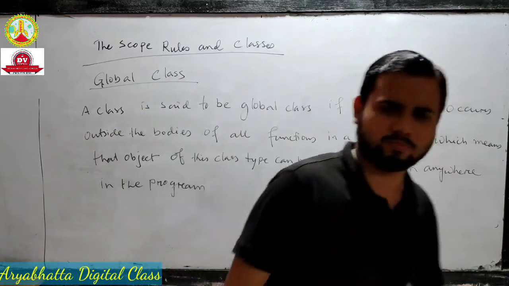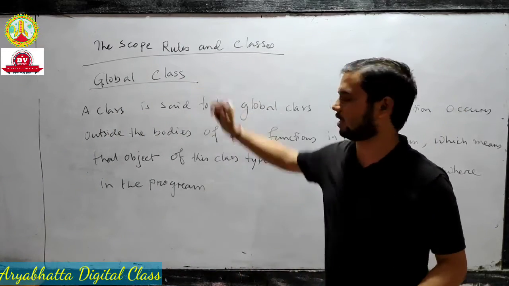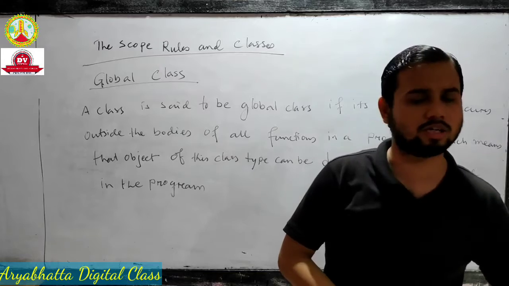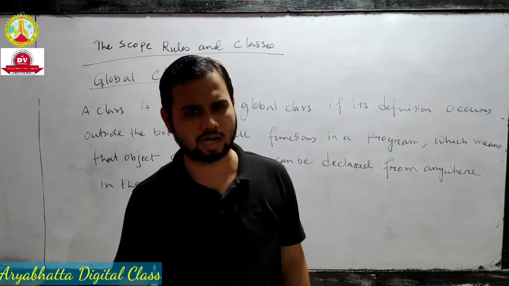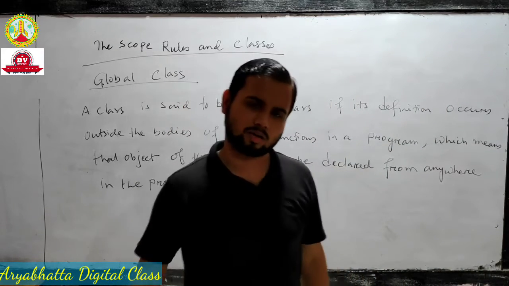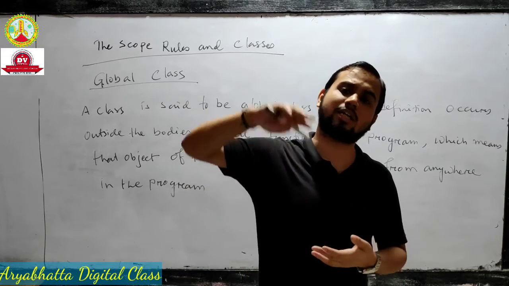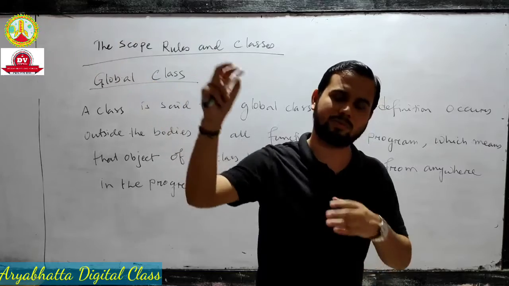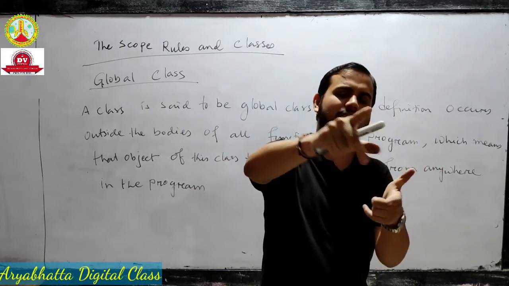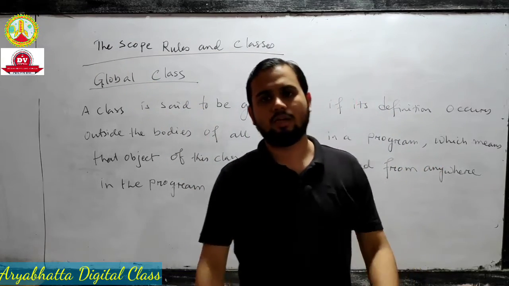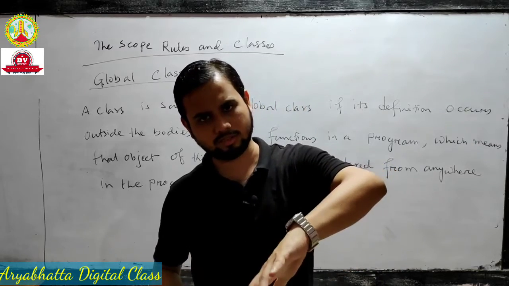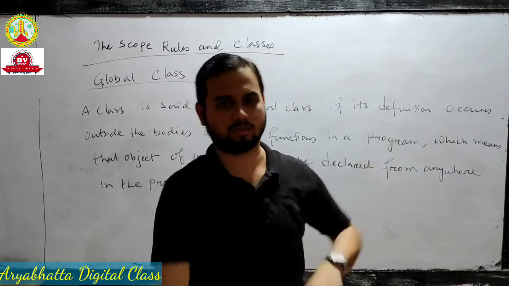What can you understand? I already told you what is a global variable and a local variable. I hope you remember. Okay, I will tell you. A global variable is declared outside the main function, and a variable declared inside the main function is a local variable. Local means inside the main function, global means outside the main function.